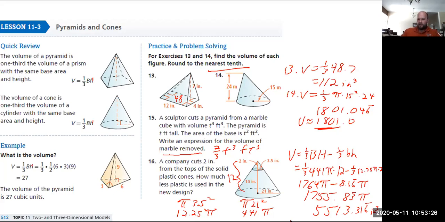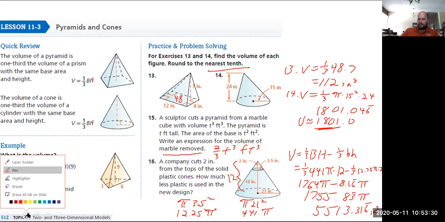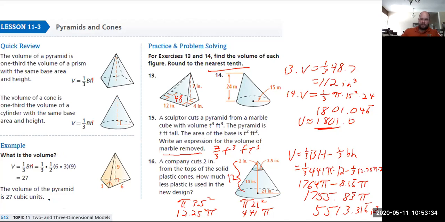Can somebody tell me what is the correct answer here? Because it is on here somewhere. Anybody paying attention anymore? I got nothing in chat here. I think everybody just has me going and is off watching TV or texting or something else.